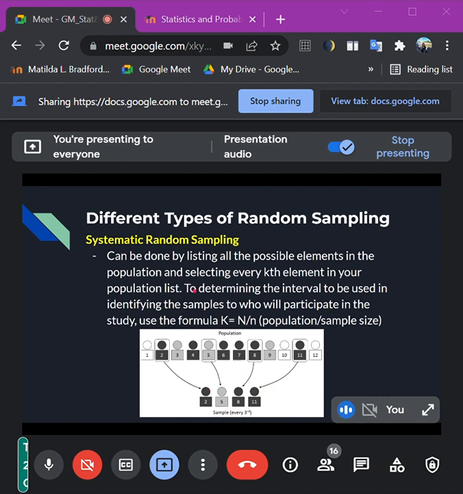So that is systematic. Or another way, for example, the teacher says, I will select every second student from a random list. So, for example, I base it on my class record, and whoever is second, then fourth, sixth, those are the ones I get to be included in my random list, or the students included in my research.